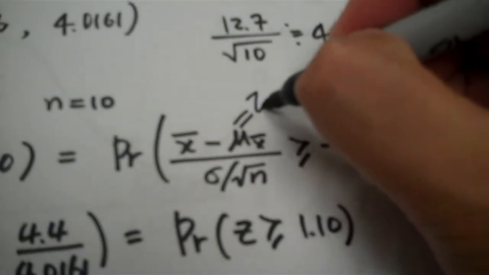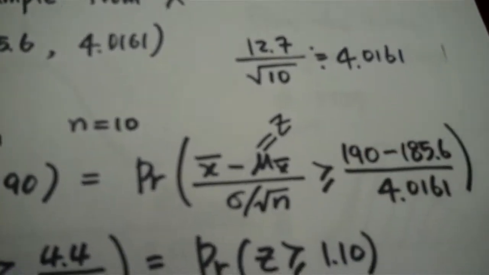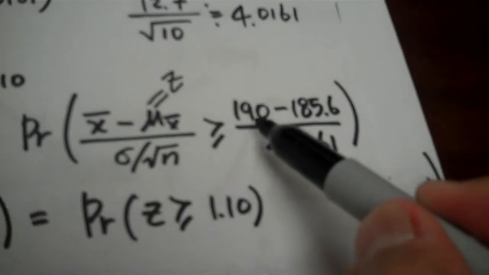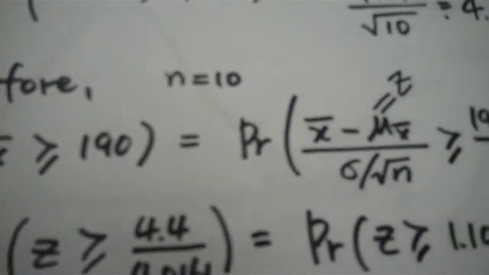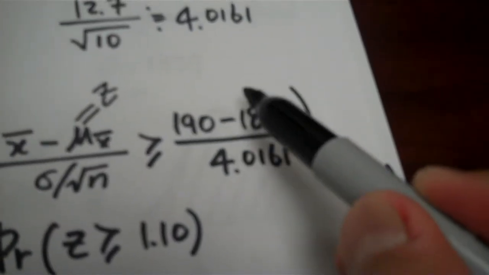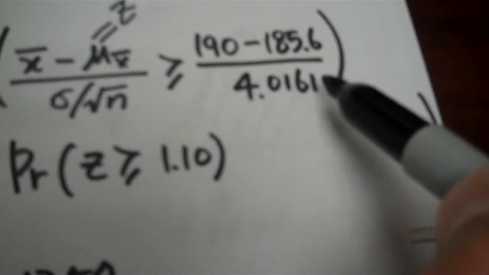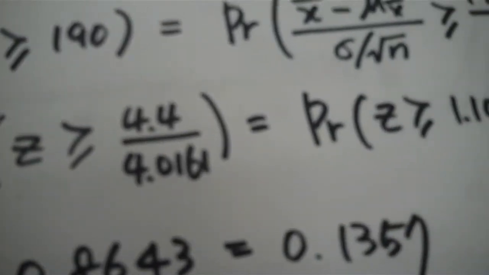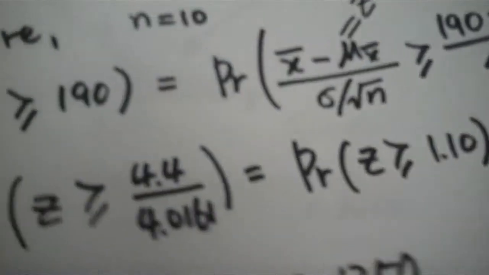This is z, the standard normal distribution. We put in the actual number, 190, minus the population mean, over the standard deviation of the sample mean. That is 4.4 over 4.02, so the z score is 1.1.